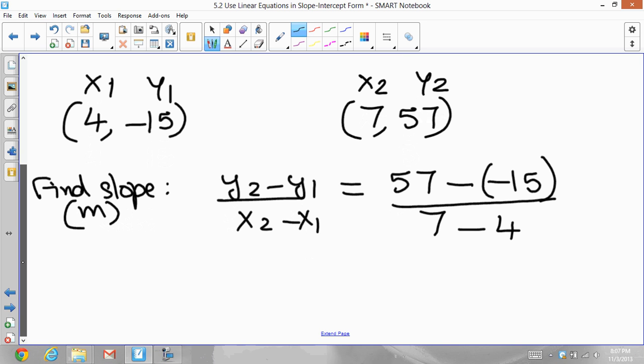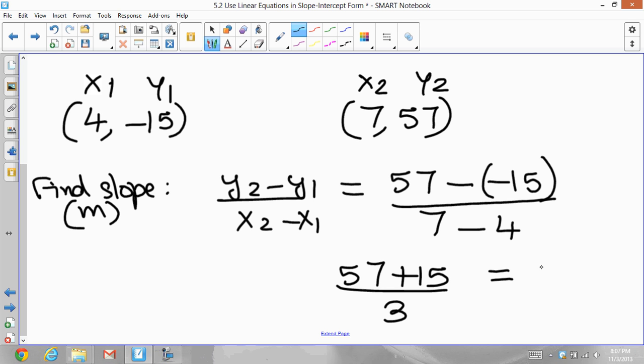Solve this, and 57, two negatives becomes a positive, and 7 minus 4 is a 3. So this is going to give you 72 divided by 3, which is going to be 24. So you found your slope to be 24.